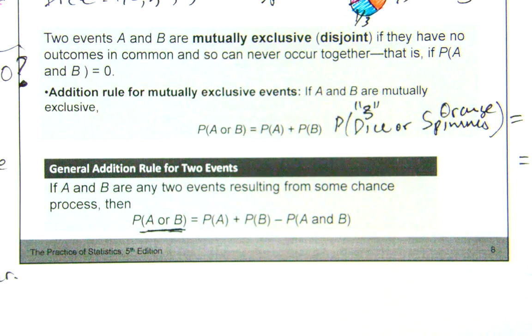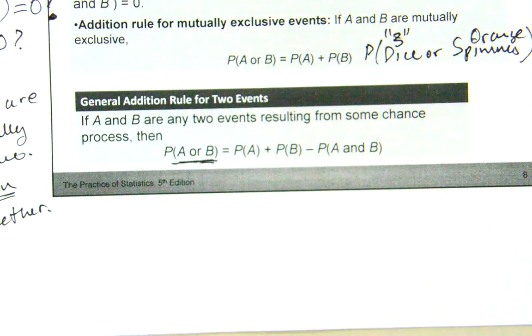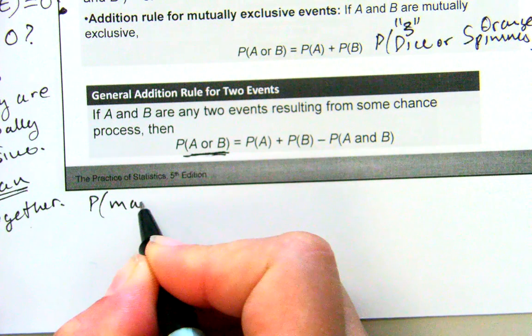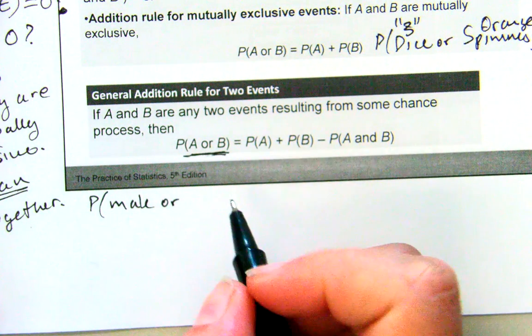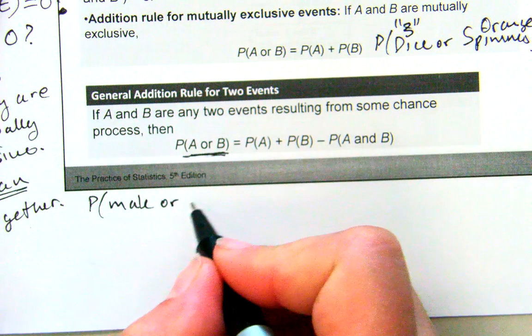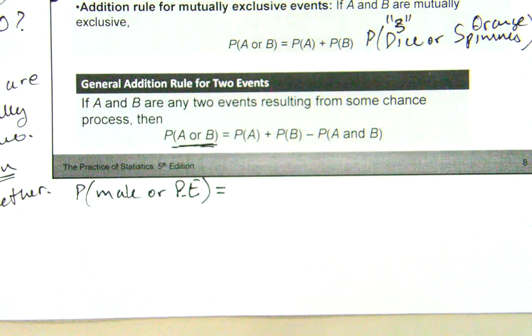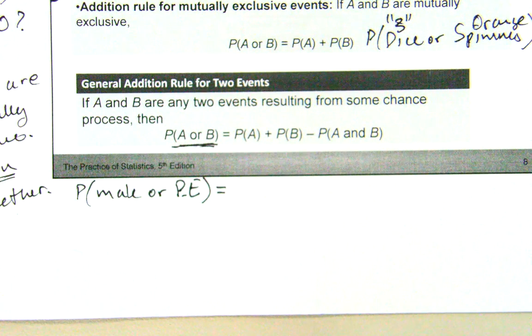And I'm going to use this with the pierced ears. So what if I wanted to know the probability of being male or having pierced ears. All right. Well, I didn't check exclusivity, so I don't know if they're exclusive or not.